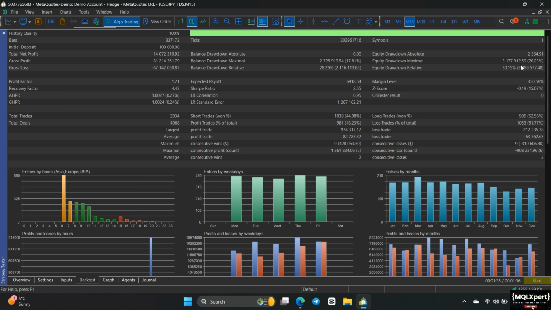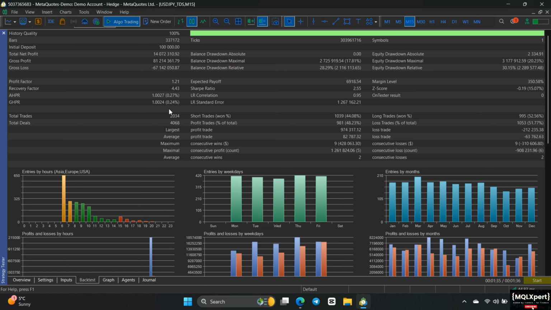There is a max equity drawdown of 20%, but this is just from where the account is in profit, and then it takes a few losses and then goes into profit and takes a few losses. So this isn't anything to be too worried about, and in the test it never actually dropped below 100,000, so it never went below the starting balance.